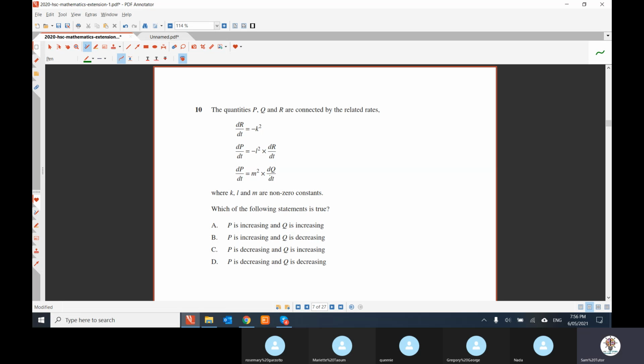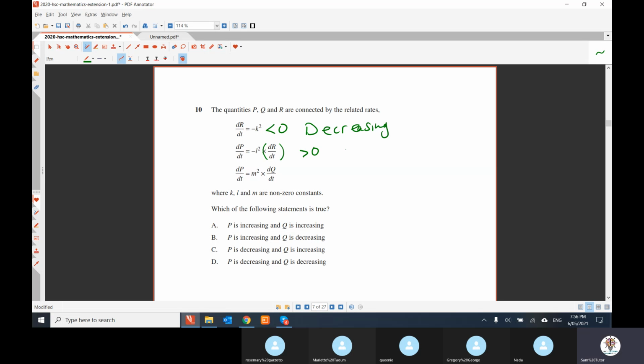The first one, dr on dt, just so we know, is less than 0. Is that increasing or decreasing? Decreasing. Now, when you sub in that dr on dt into here, what happens to dp on dt?